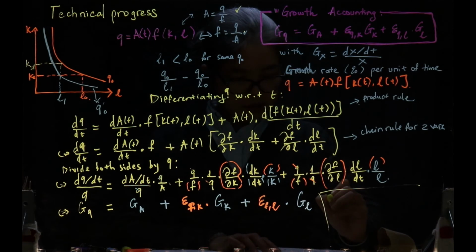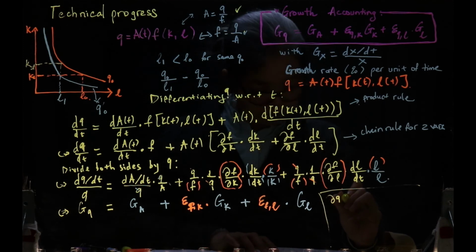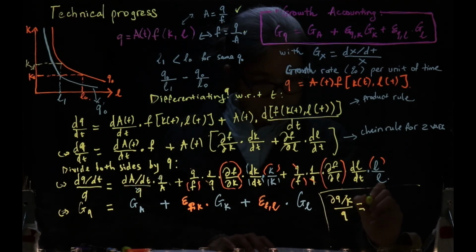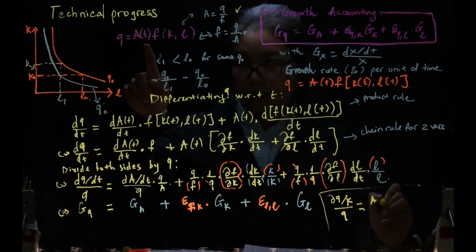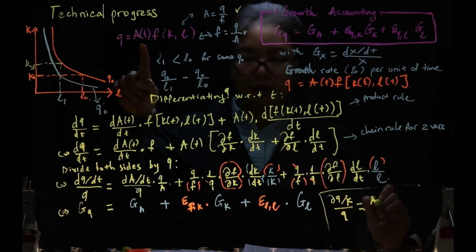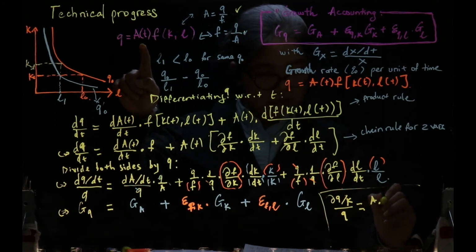So if you take the derivative of Q with respect to K times K over Q, then you have A, because here's A without K, so the derivative of A times dF over dK, over Q.